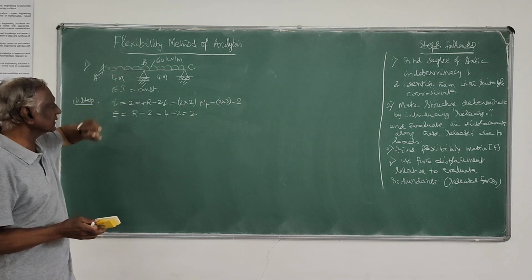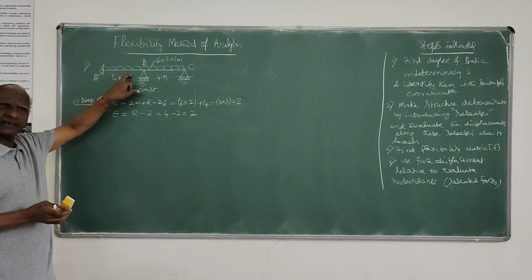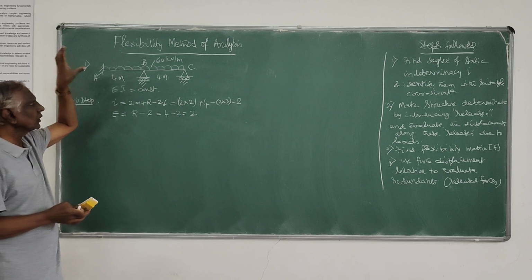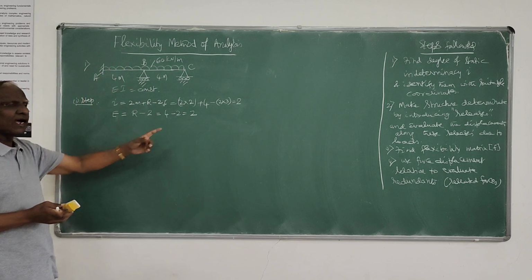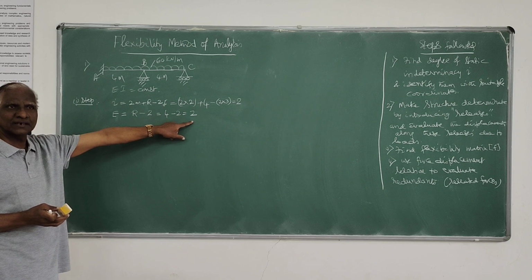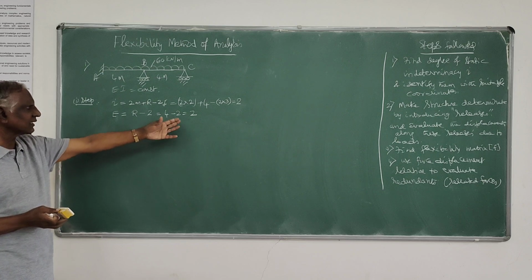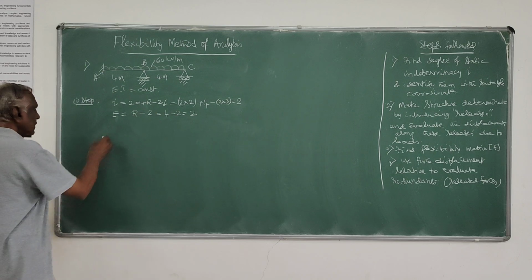So this structure is internally determinate, externally indeterminate to the degree 2. So in order to make it determinate, I have to introduce at least 2 external releases, I have to remove 2 external reactions.